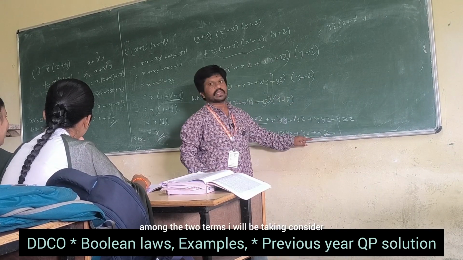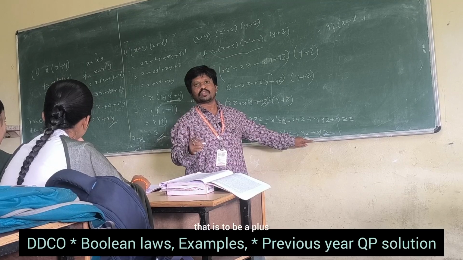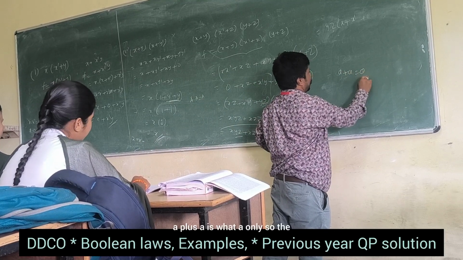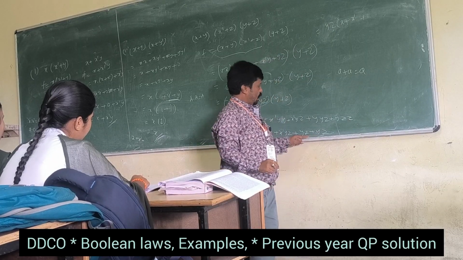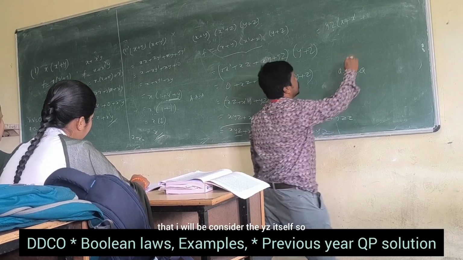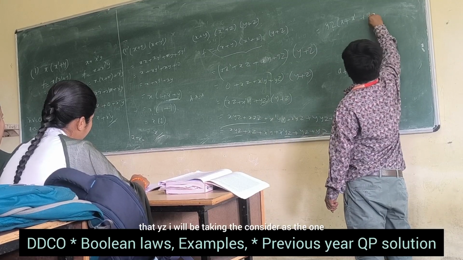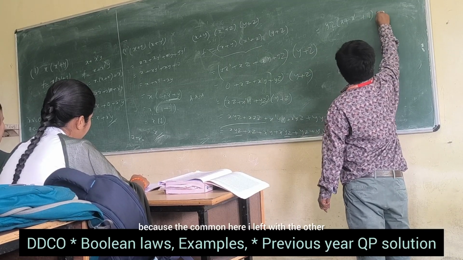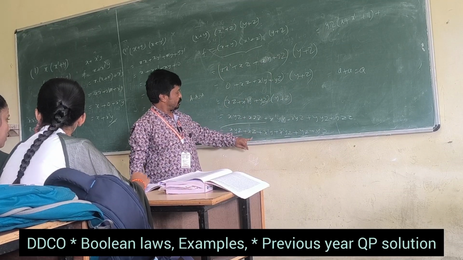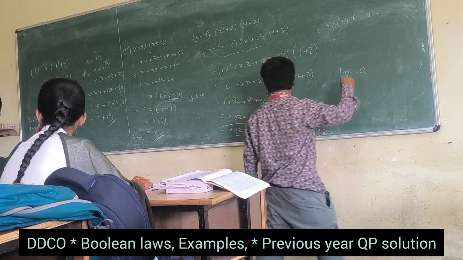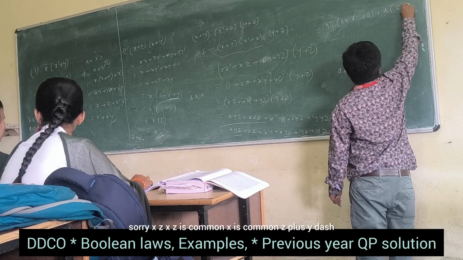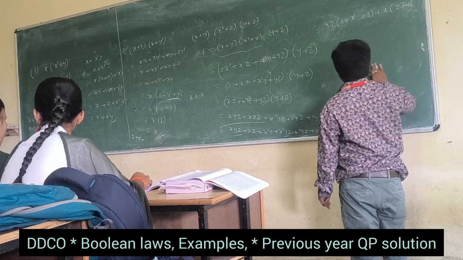Among the two terms, I will consider only one term, that is a plus a is what? A only. So I will be taking the yz itself. So I will consider the yz as 1 because it is common here. I am left with here the x dash y and xy. Sorry, xz is common, x is common, z plus y dash. Okay, right?